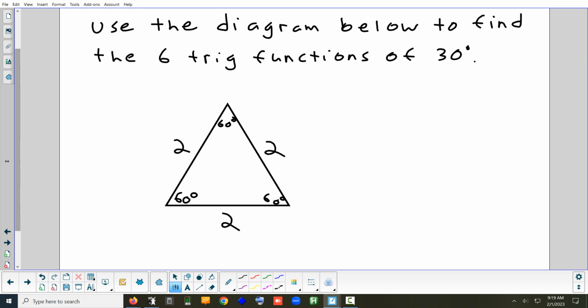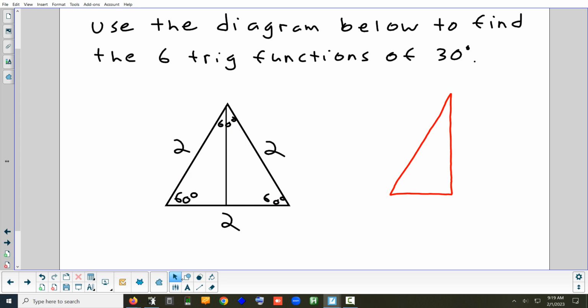I need to add something to it. Yeah, put a line going right down the middle. Just like that. Now, just to make it easier, I'm going to take this part right here, trace it, and move it off to the side.